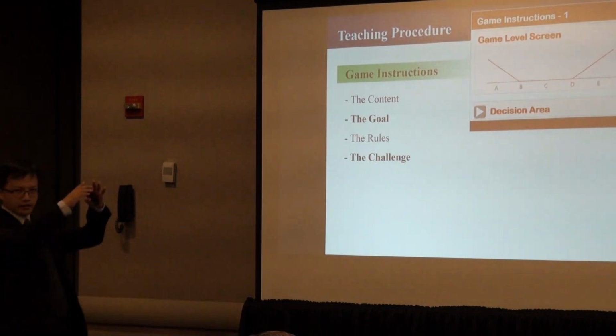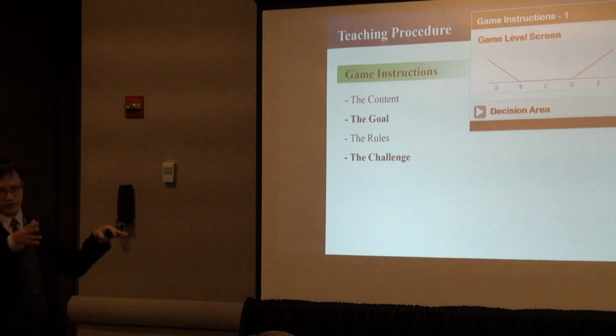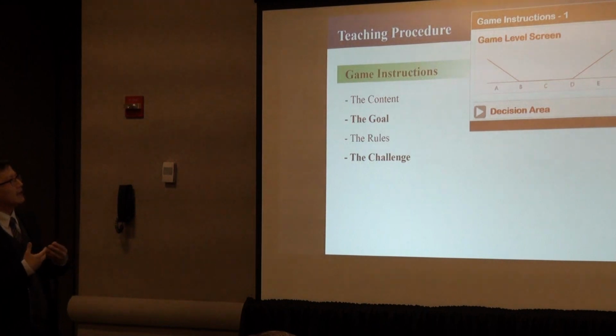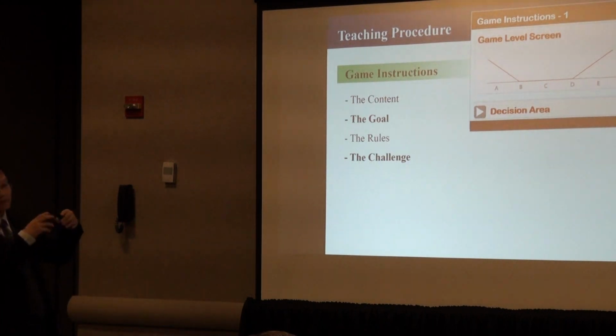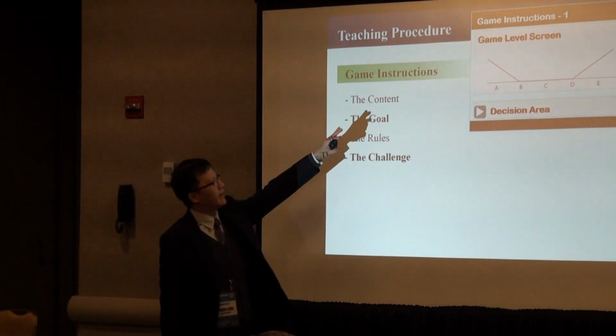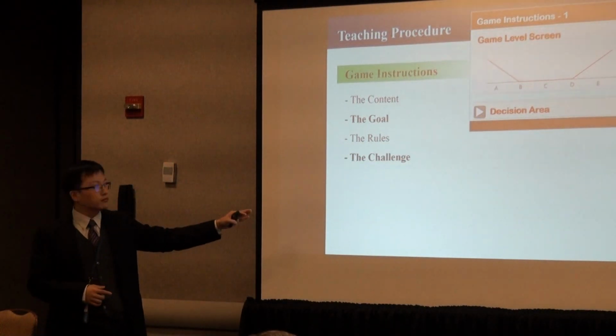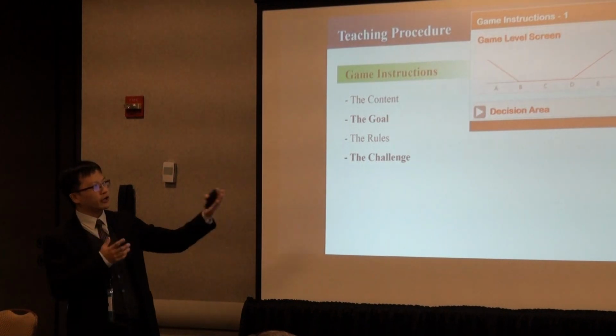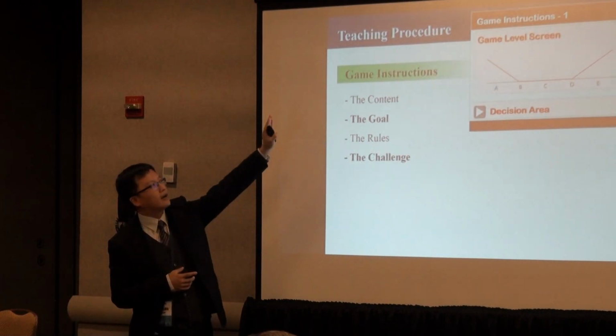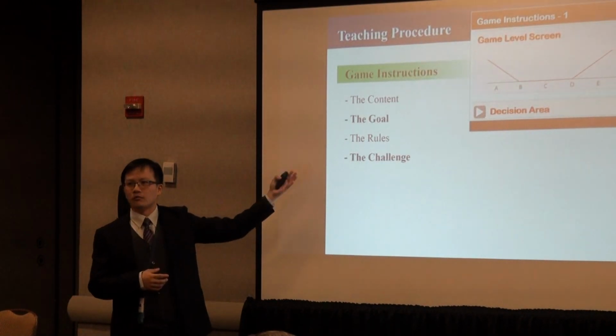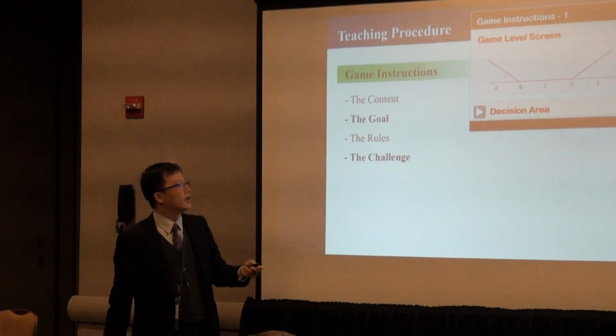I guide them to understand the game screen. So that is the main screen, and I show the game level. The goal of this game is to replicate the shape on the game screen using the prop cards and the connectors.